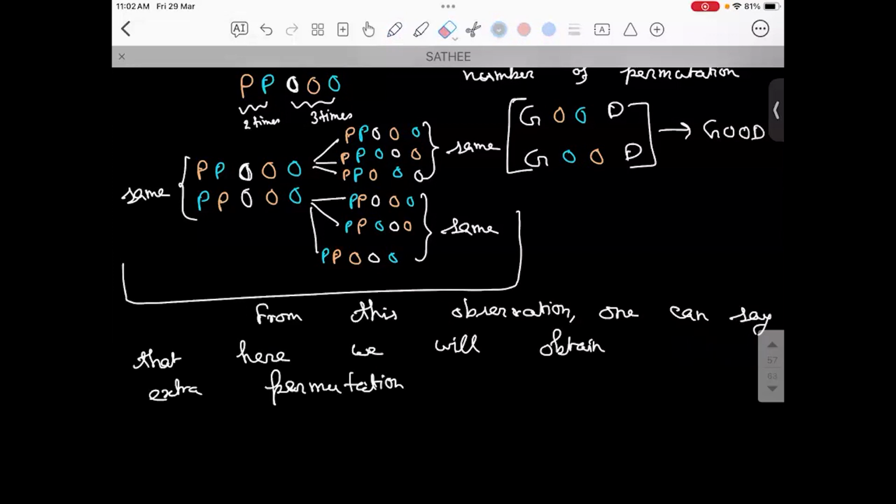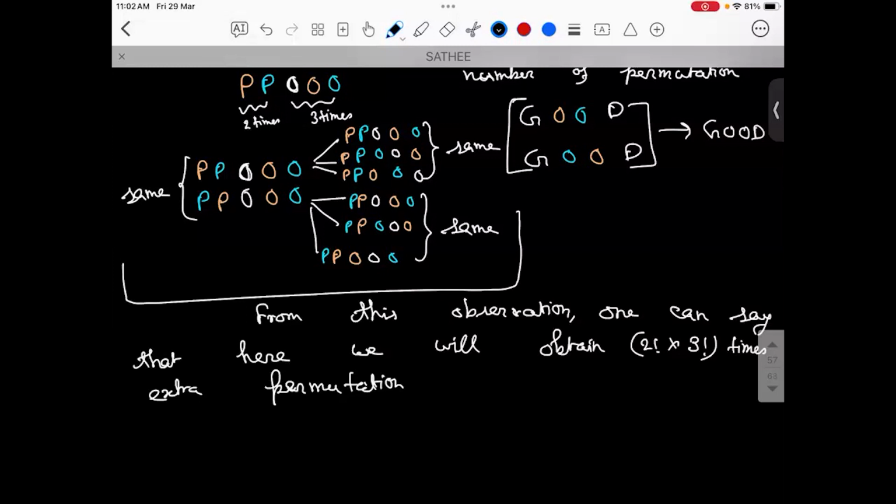We should write 2 factorial into 3 factorial times extra cases. Times means I will multiply this. I mean, I am extra multiplying 2 factorial into 3 factorial. So to get the actual number of permutations, we need to divide by this number.